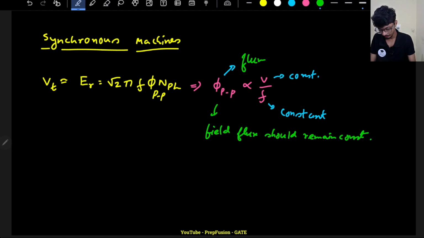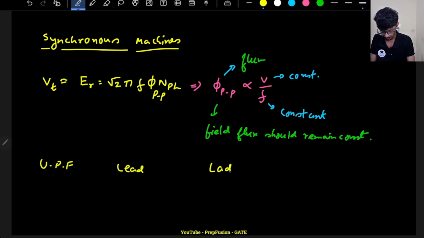Now one thing, if you remember, we had drawn for three kind of loads, right? We had drawn for unity power factor, like I will not do it again, for lagging power factor, for leading power factor. Lead and lag.